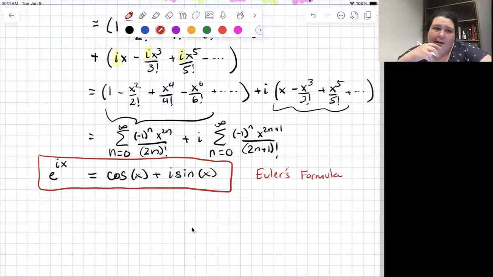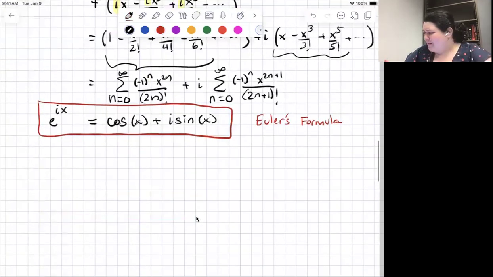Euler has a lot of things named after him, but this one is very useful. It comes up a lot. I use it a lot in physics and things like that. And I think there is a specific example that people like to show: what if x equals pi?